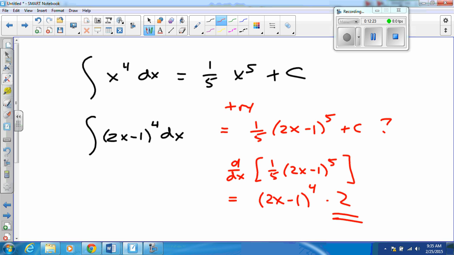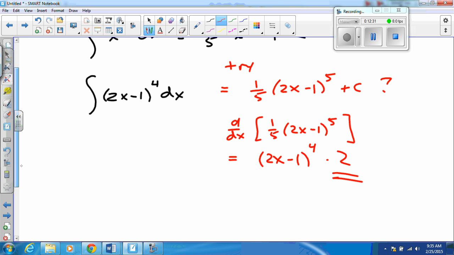What I did not account for was exactly as Matt said, what's missing here is the derivative of the inside. If only I had somehow had this integral instead, then I would have had something in this form. It would have been f of x to the 4th power times f prime of x.